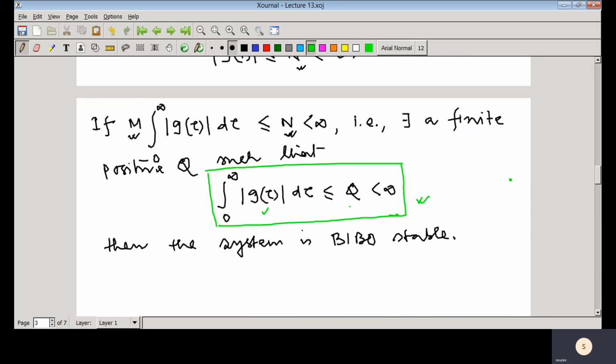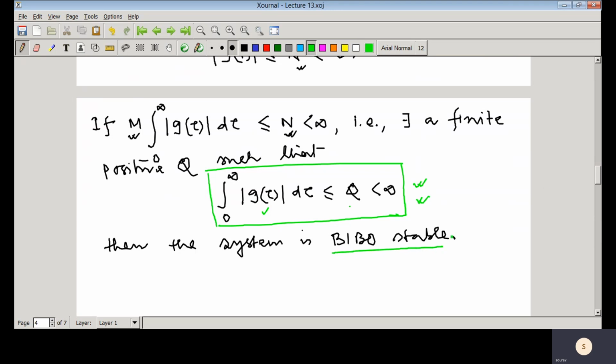So suppose an LTI system transfer function is given to you, and you are asked whether the system is stable or not, this is the condition. If you check that and it holds, then you can say that the system would be BIBO stable.